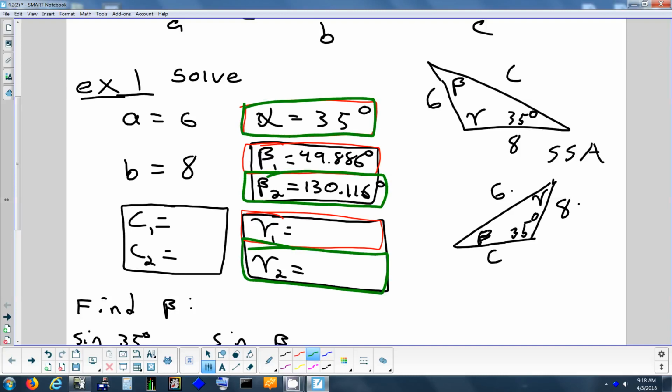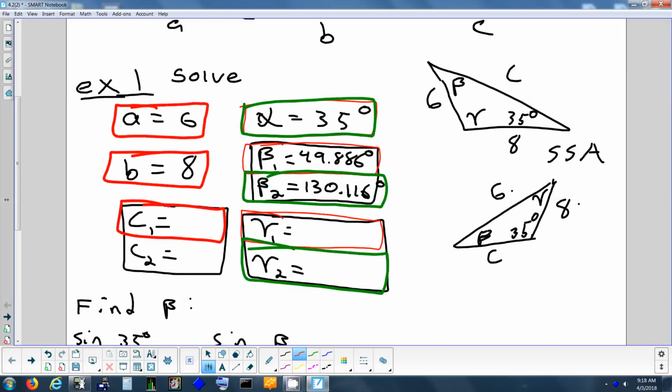Okay. And then as far as the sides, we kind of want to lay those out. A is in the red triangle, B is in the red triangle, and C1 is in the red triangle. So we can have more than one answer only if it's side-side-angle? Yes, that's the only time it can ever happen. Okay. So those are the three sides in the red.